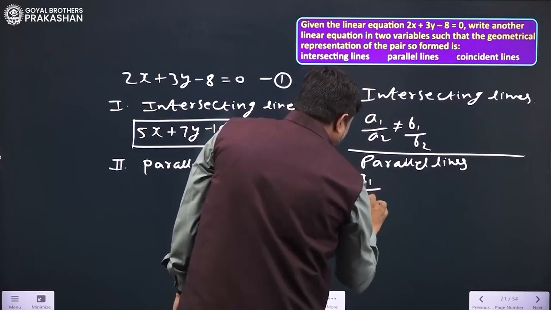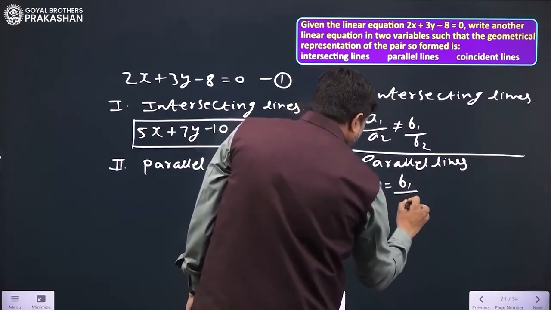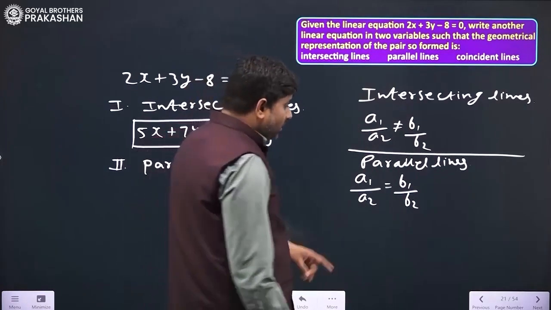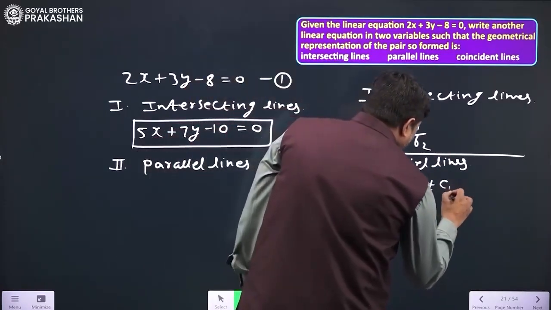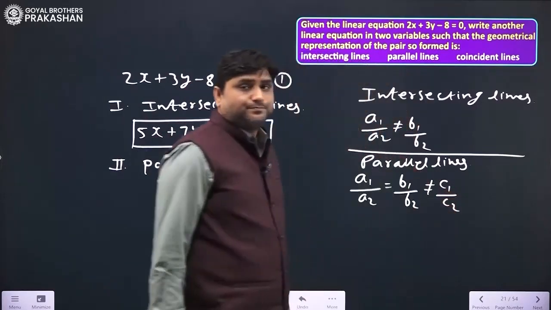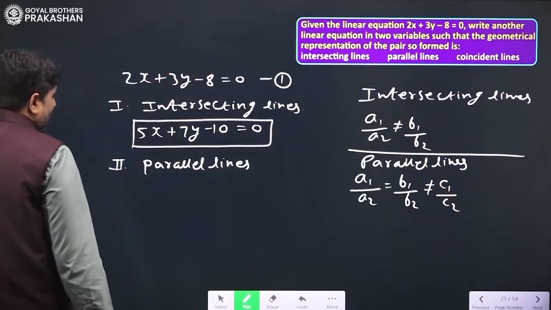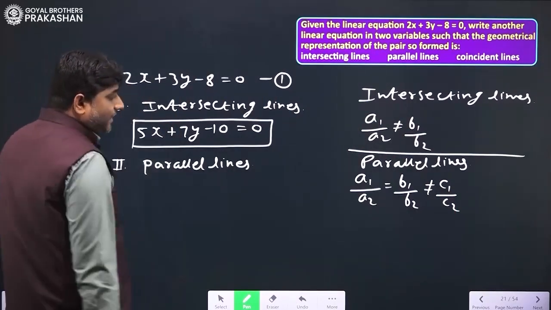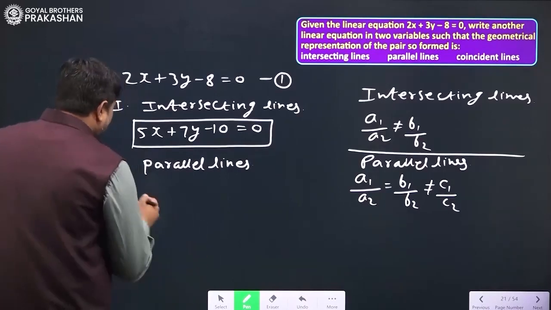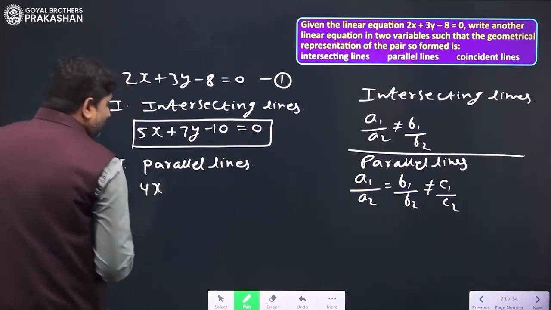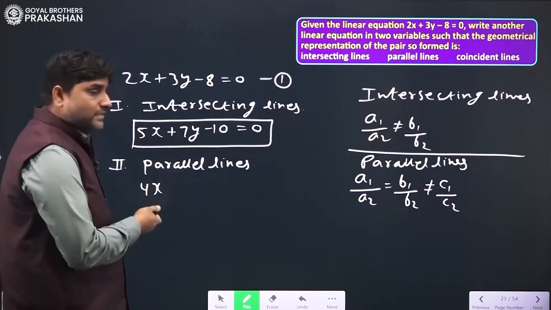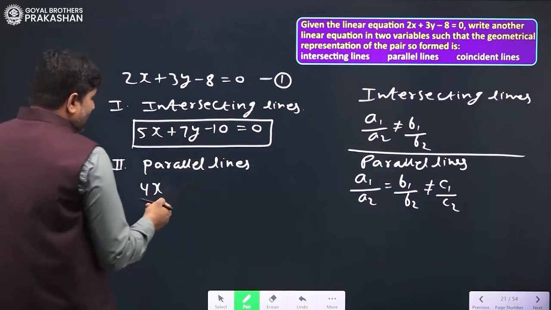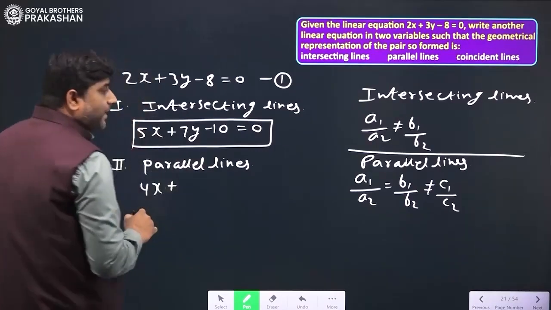So for parallel lines, a1 upon a2 must be equal to b1 upon b2, which should not be equal to c1 upon c2. So I am going to write the second equation. The coefficient of x in the first equation is 2. So I will write 4x. If in the second equation 4x is there, then a1 upon a2, 2 by 4, will be 1 by 2. So b1 upon b2 should also be 1 by 2.